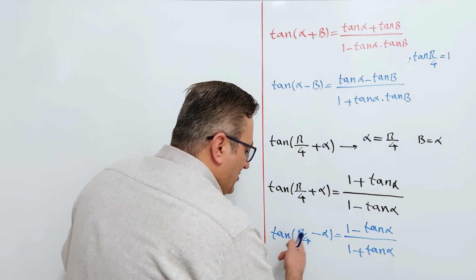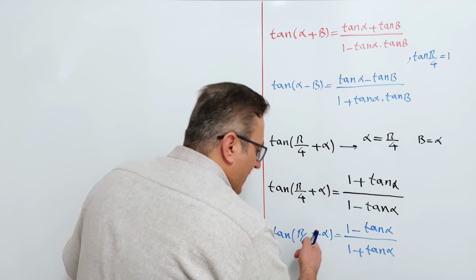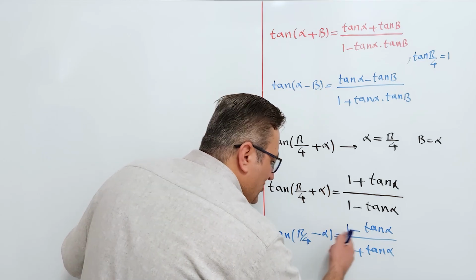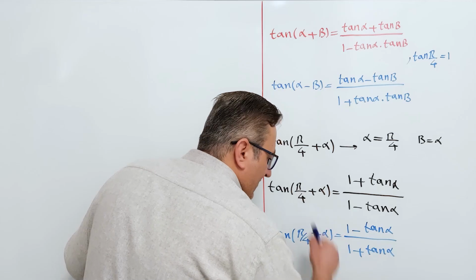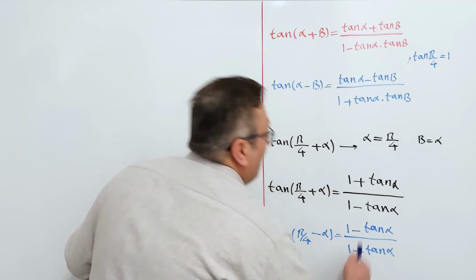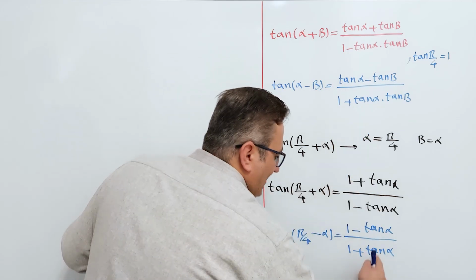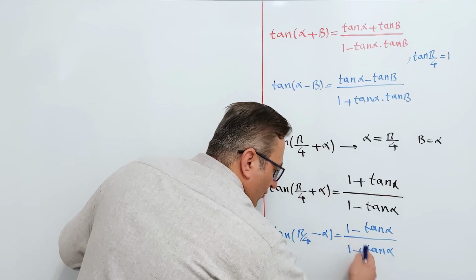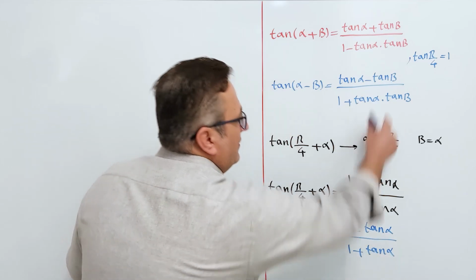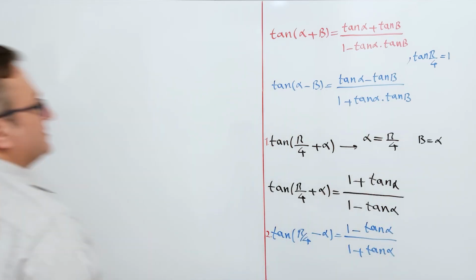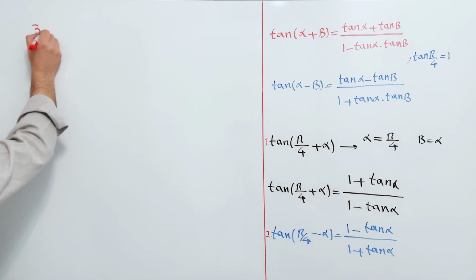So tangent pi over 4 minus alpha is equal to tangent pi over 4 minus tangent alpha divided by 1 plus tangent pi over 4, which is 1, times tangent alpha. Okay?